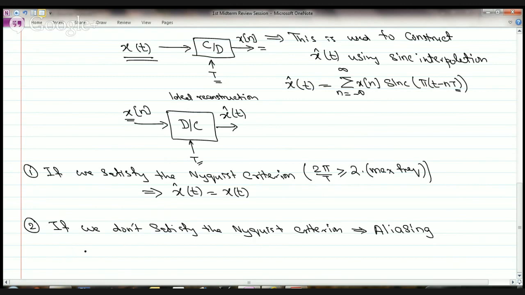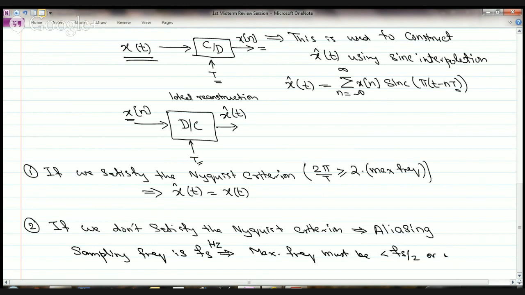So if your sampling frequency is fs, right now I'm talking about hertz, your system can handle a maximum frequency that must be less than fs over 2, or we will have aliasing.